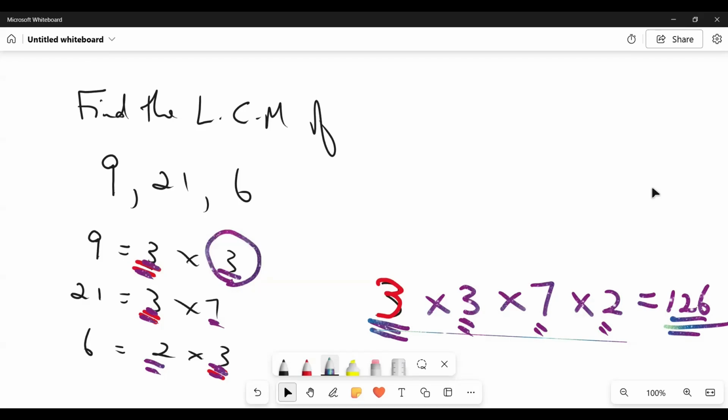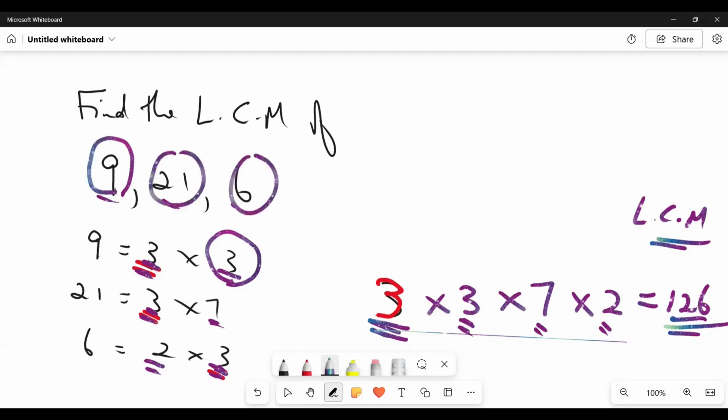Well, the simple reason is that we're looking for the lowest common multiple of these numbers, right? So basically we're taking the common factors of each of these and multiplying them. We're not necessarily taking the numbers and multiplying them wholesale, but we're looking for their factors, right?